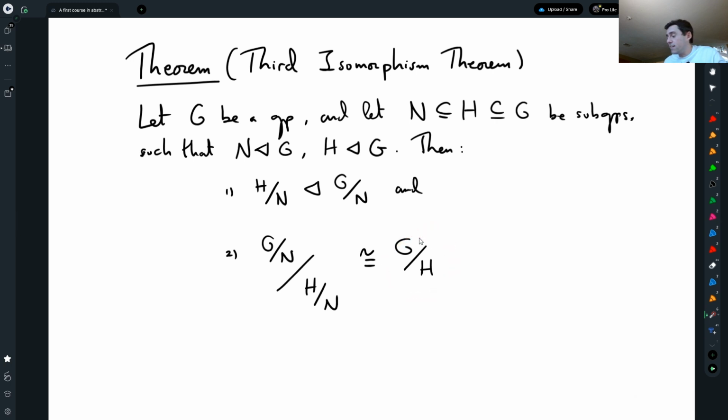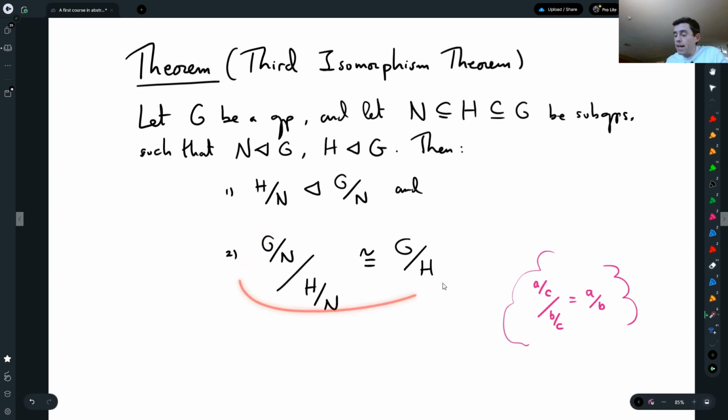But that is what ends up happening. And so sometimes it is called the cancellation theorem because it resembles what happens with fractions. If I have two rational numbers like this, then this is going to be just a divided by b. So it looks like that, but it's not exactly what's happening. But in any case, we can prove an isomorphism of this type.